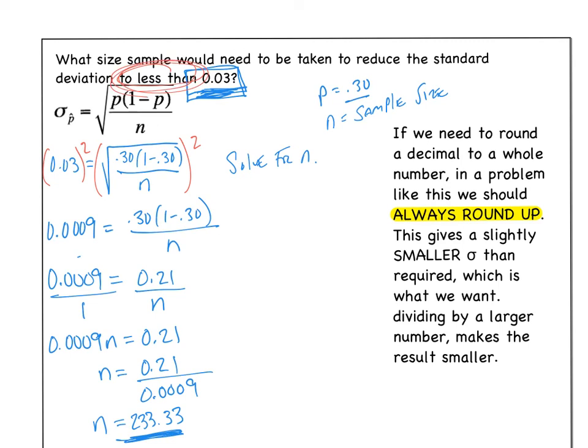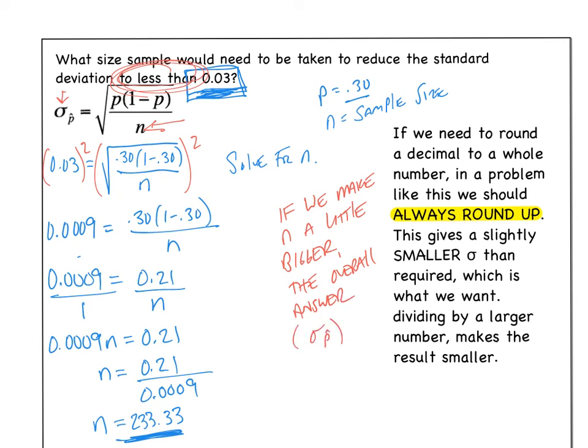So how we fix that is, if our denominator is bigger, that'll make our overall answer smaller. So the denominator is n. So if we make n a little bigger, the overall answer, which is the standard deviation, will get smaller.